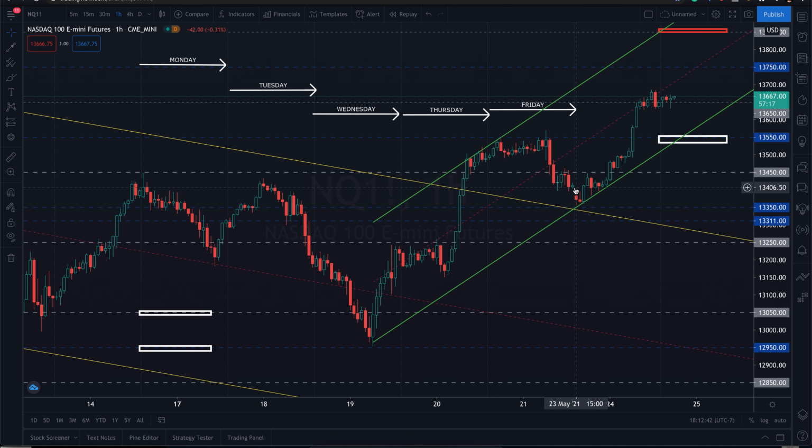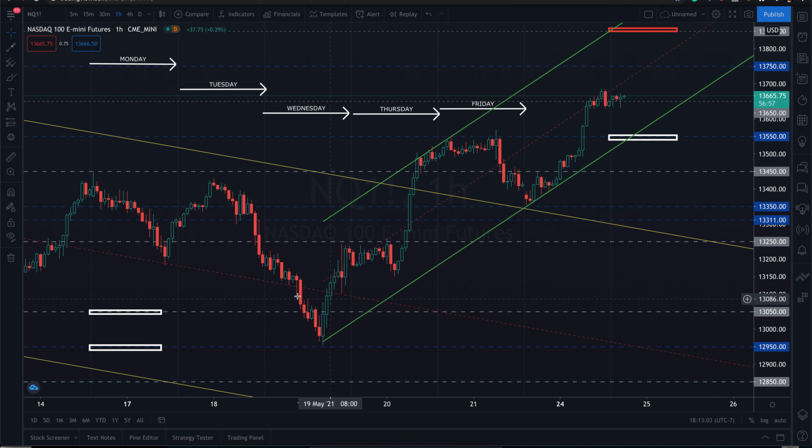Because if we do a very, very strong pullback right now from current price, we're going to correspond with that level and the bottom of the channel. If we see something like this, you're going to have a very good opportunity to enter and then ride it up. So that's one of the plans for tomorrow.